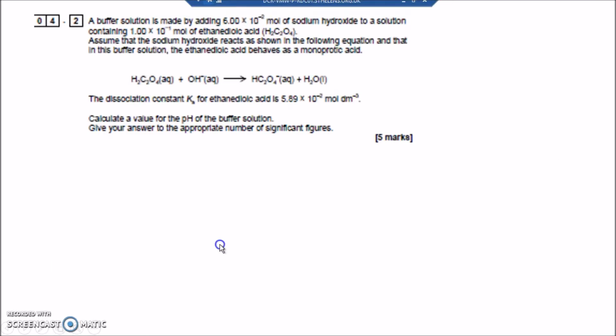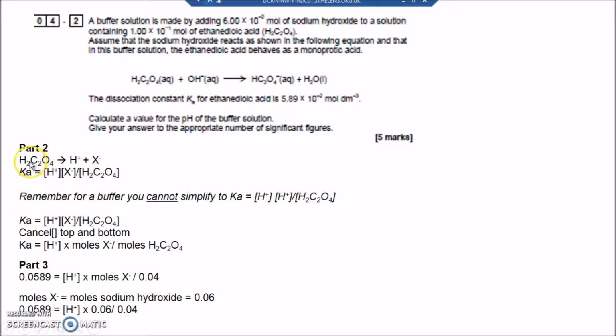Okay. The next part is to write an equilibrium constant. An expression for the equilibrium constant or the dissociation constant, same thing. The equilibrium constant for the acid or the dissociation constant for the acid. Okay, so this is the acid, ethane dioic acid, H2C2O4, and we know all acids make H pluses.